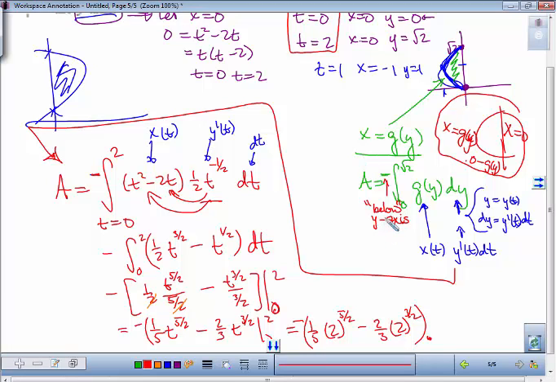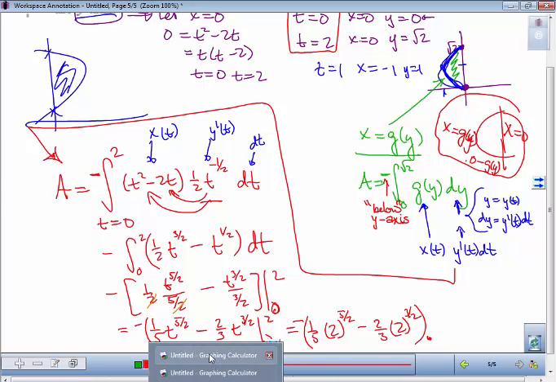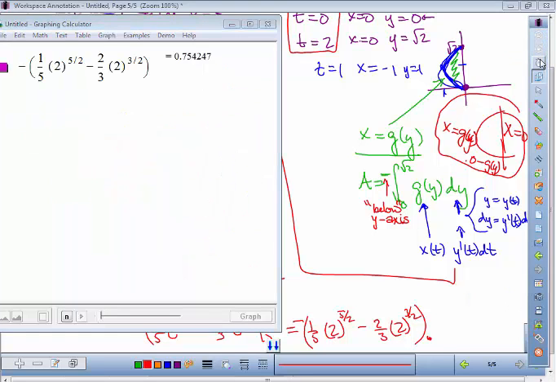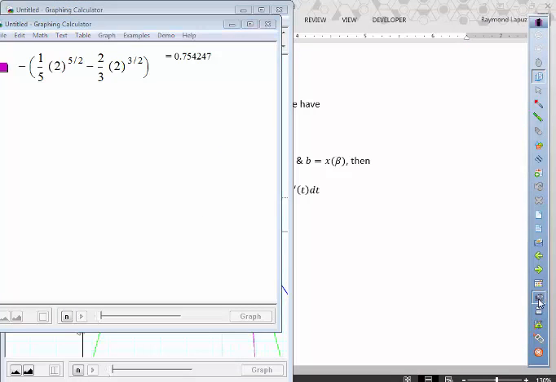Again, when I say below the y-axis, you're tilting your head to the right. Might as well get this value down, right?